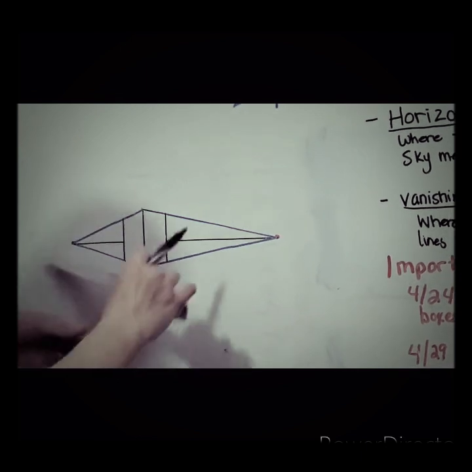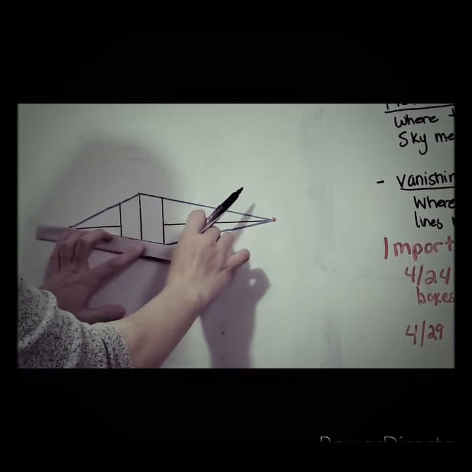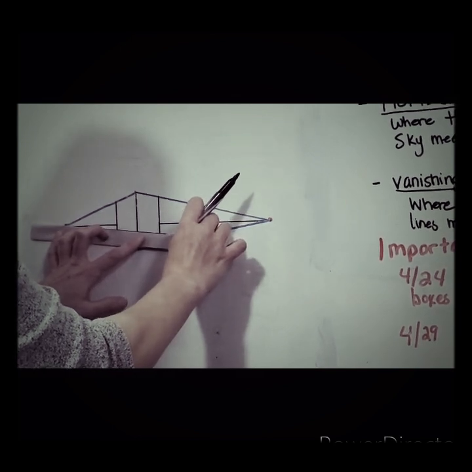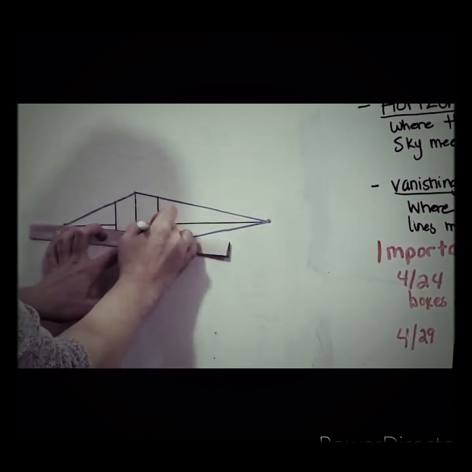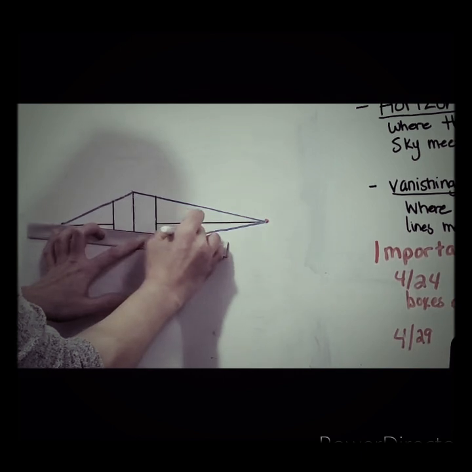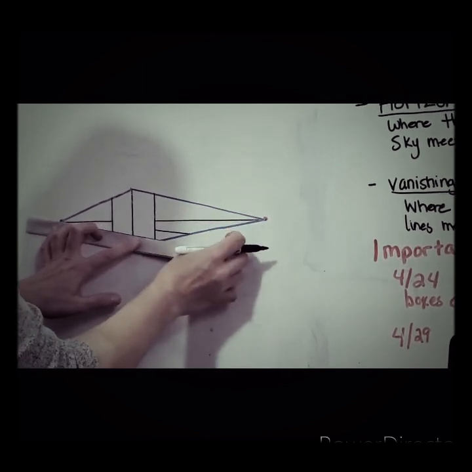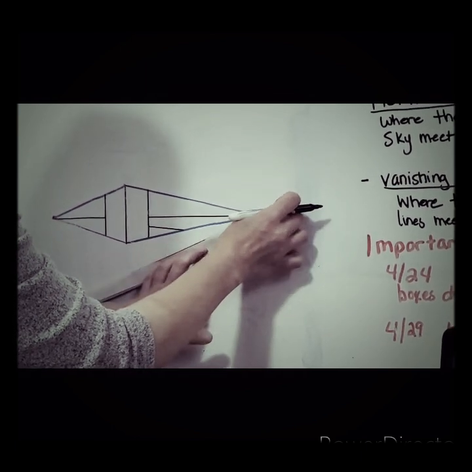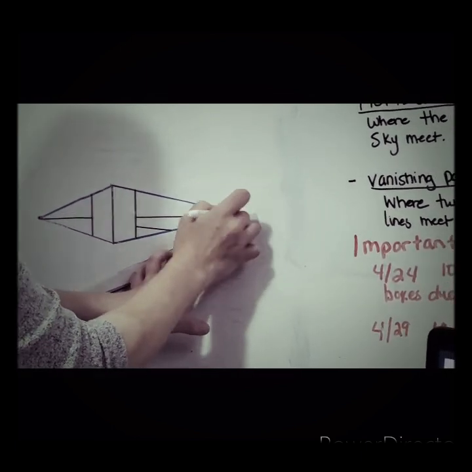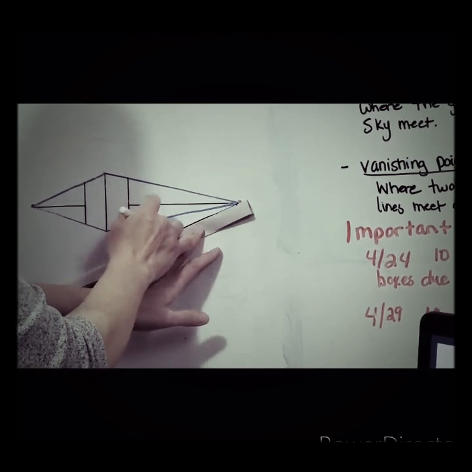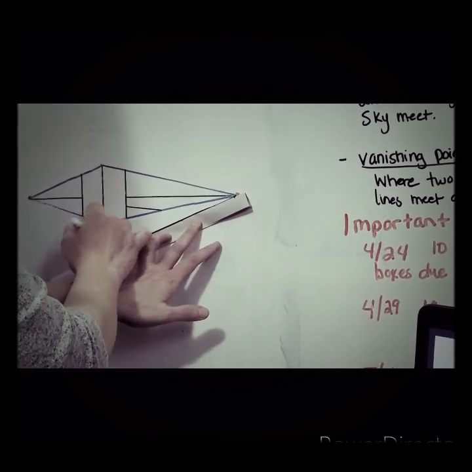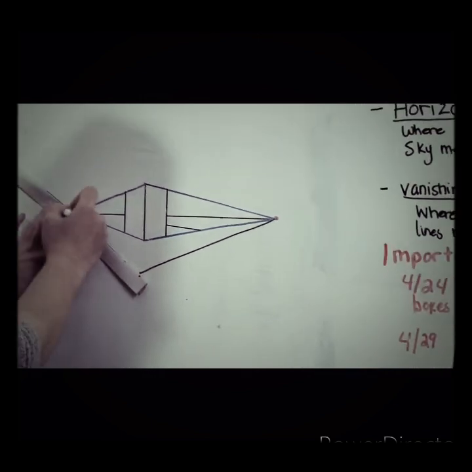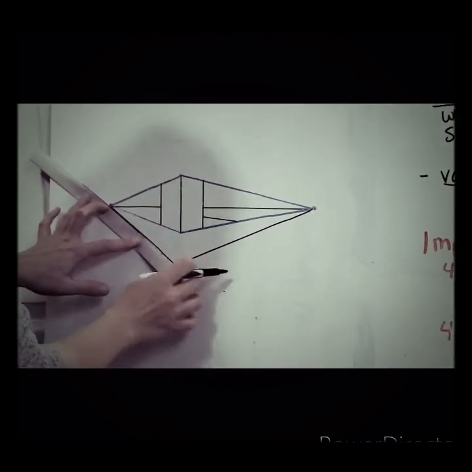And if I were going to draw, say, a road coming out beside this building, I would have it coming out like this. And then I could draw another line going like that. And there would be a road.